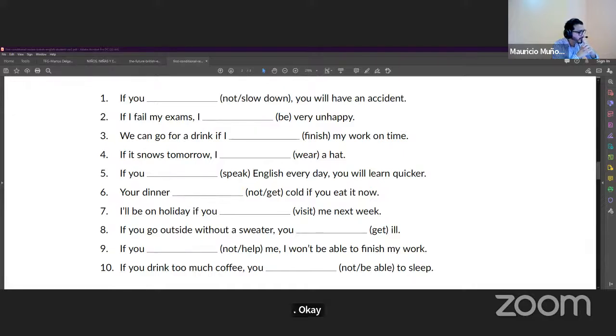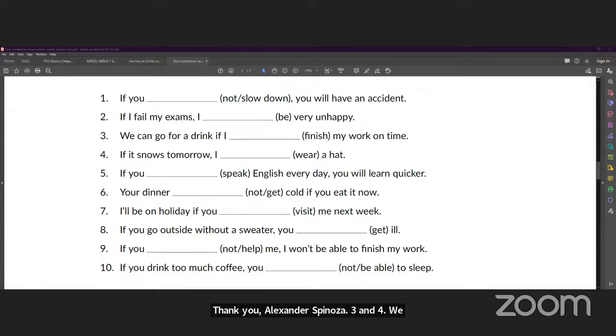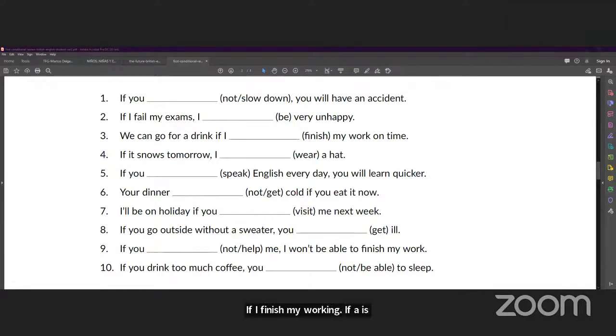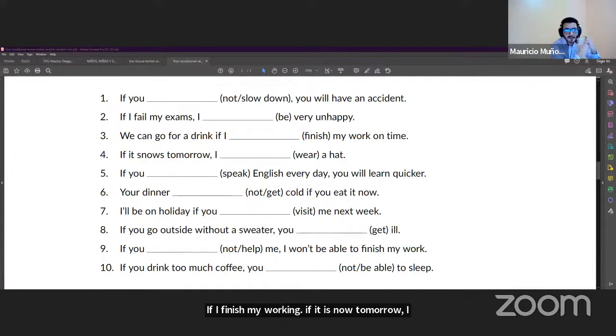Thank you, Alexander Espinosa, 3 and 4. We can go for a drink if I finish my work on time. If it snows tomorrow, I wear a hat. Okay.